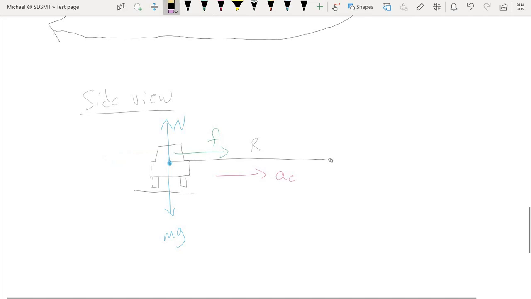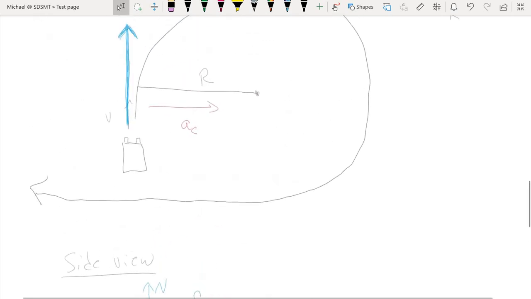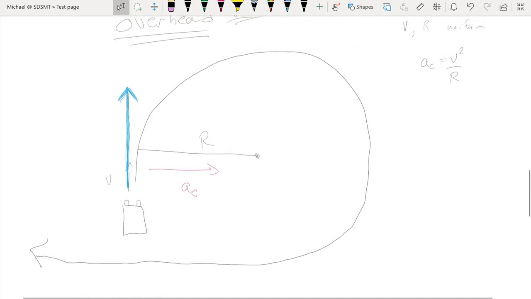And now this starts to make some sense. It is our tires as they essentially grip the road that provide us with a friction force that points towards the center of the circle. And it is this friction force that allows us to continue traveling towards the center of the circle.